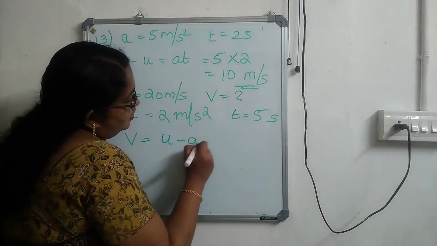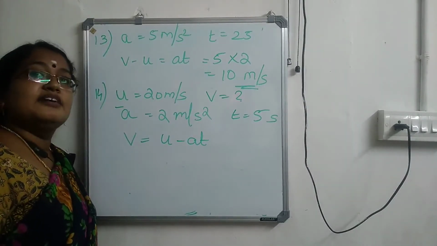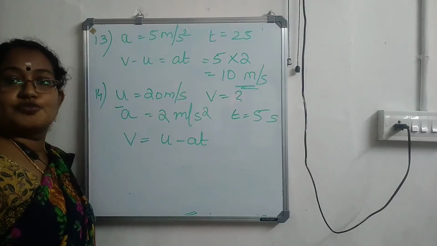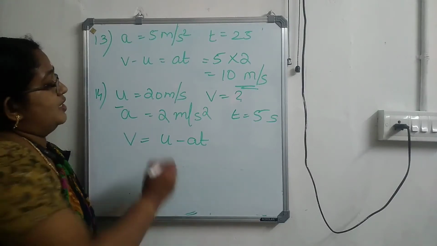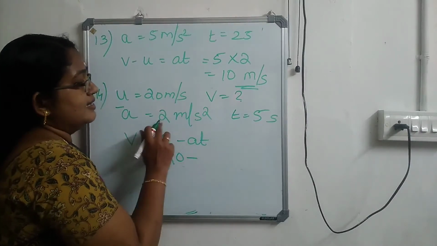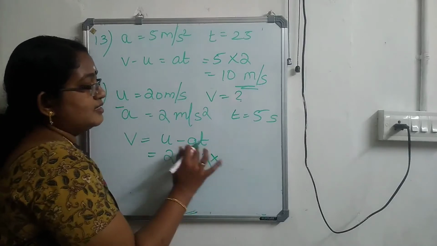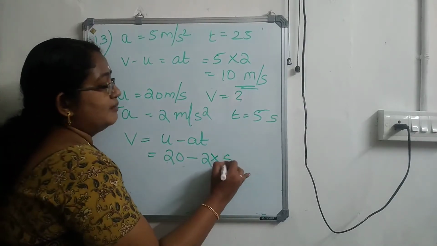V is equal to U minus AT. Is it clear? Here we have used the first equation of motion with retardation. Now, how much is U? 20 minus our acceleration. It is retardation. So, minus 2 into time is 5.